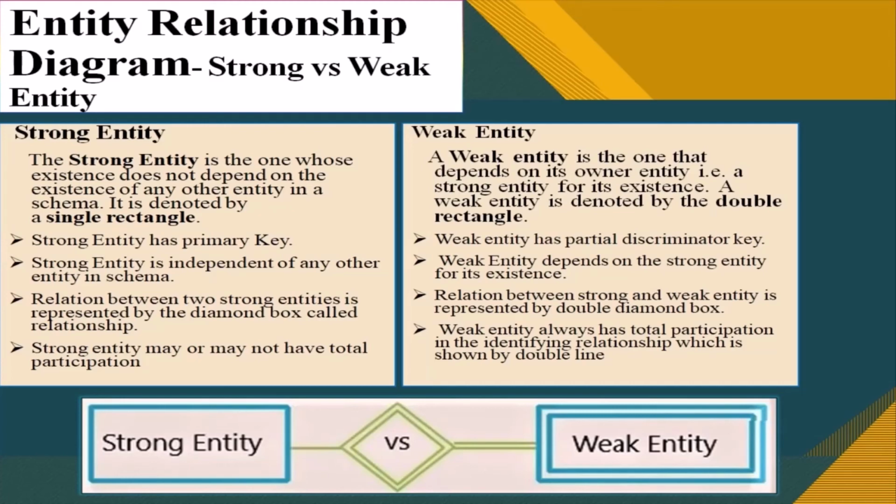The strong entity may or may not have total participation, whereas the weak entity always has total participation in the identifying relationship, which is shown by a double line in the figure. The figure shows this relationship between strong and weak entity.